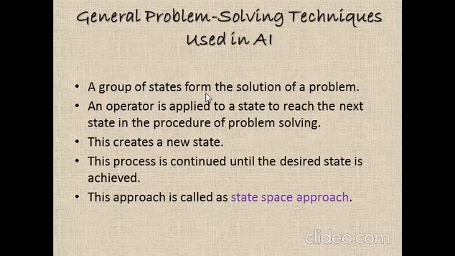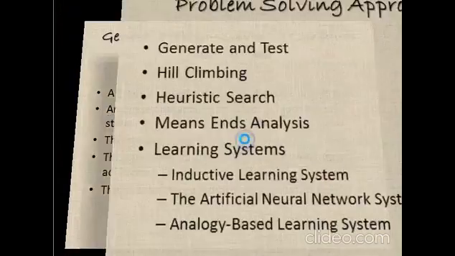We will be applying operations on a state to generate a new state, and this operation of applying operators and generating new states is carried out until the newly generated state becomes the goal state. So this approach is called the state space approach. So that falls into general problem solving technique.